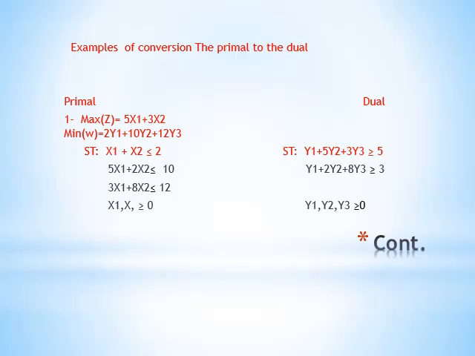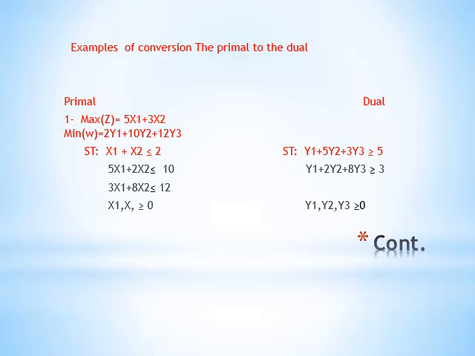Firstly, once we have 2 columns of the constraints of the primal, then each column of the constraints will be moved to be a row of constraints.